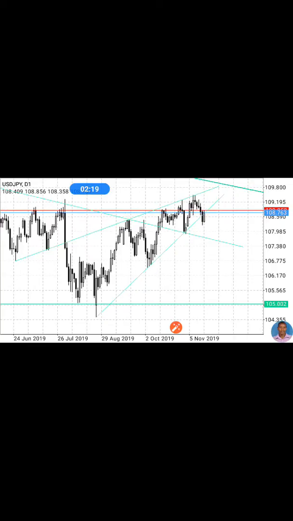The reason why I put these two lines, you need to understand why I connect these points to come up with these lines. As you can see, this line has been respected here. It has been acting as a support line at this point, and this point again a support line, and with this point it's now a resistance because it was broken somewhere here, and we have also this point as the resistance area.